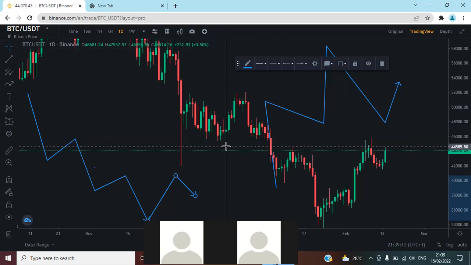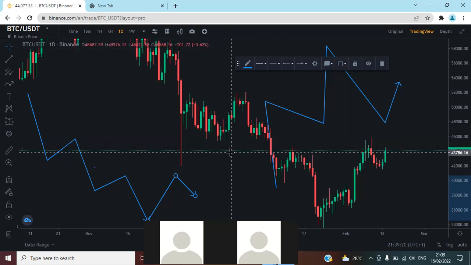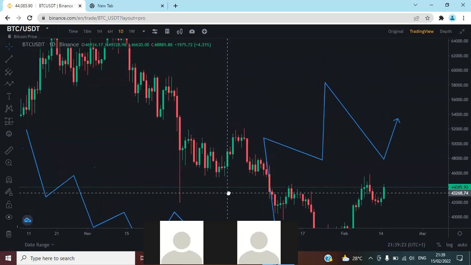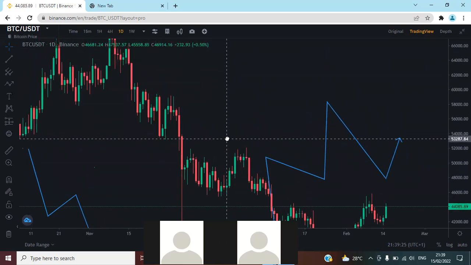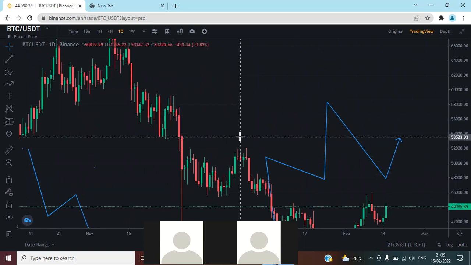How can you recognize a demand zone or a supply zone? It's very simple. You come here, where you see 3 straight bullish candles, it is a demand zone or level.